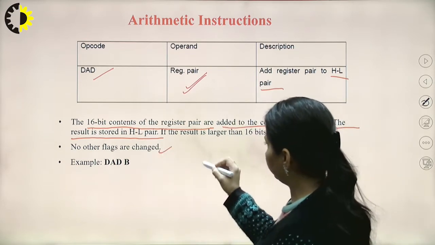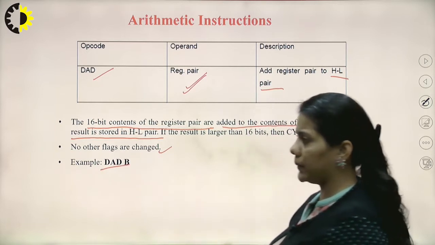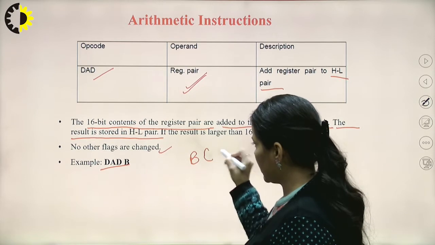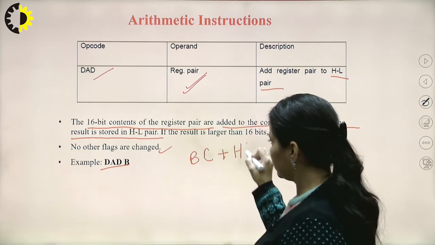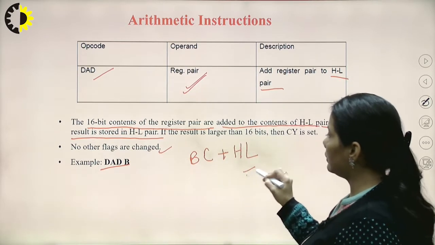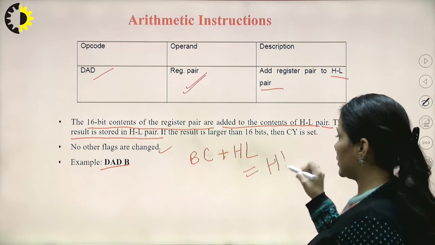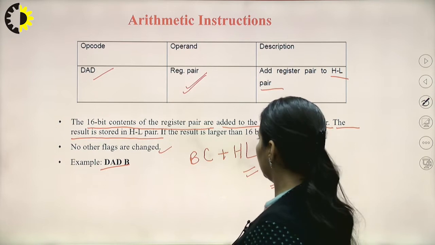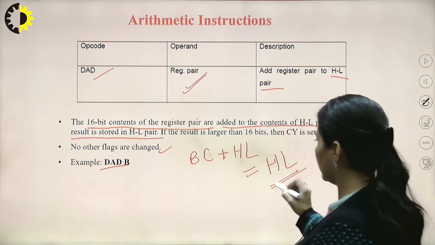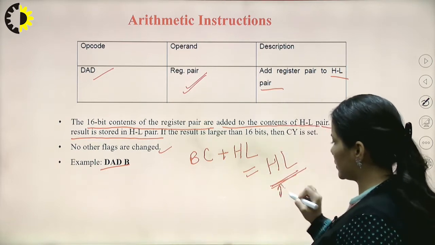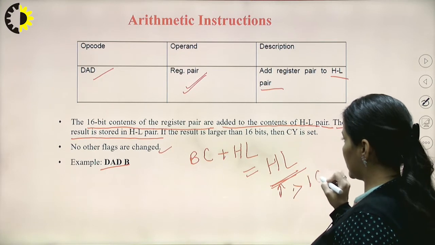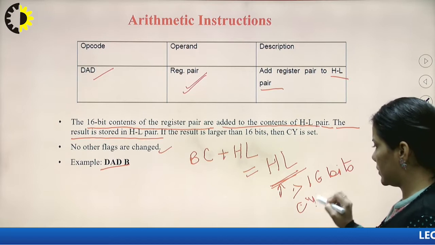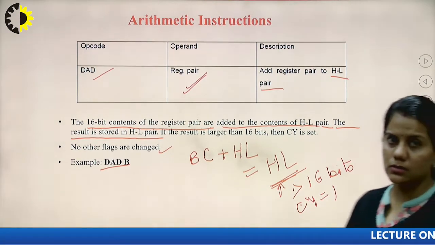For example, DAD B means it will add the contents of BC with HL, and the result will be stored in HL register pair. If the result is greater than 16 bits, then carry flag is 1, otherwise the carry is 0.